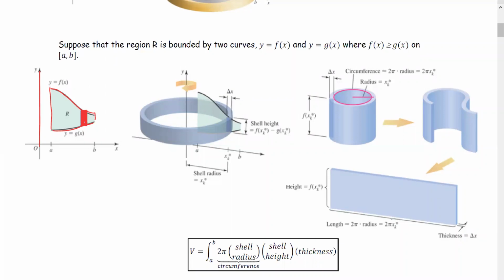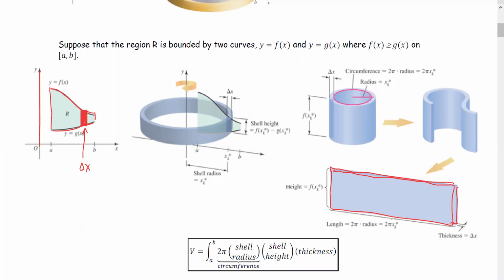Then we're going to find the volume of this single shell. If we cut the edge and open it up, it will form the rectangular solid shape. The volume of this shape is the length times the width times the height, and the width is delta x, which is from the thickness of the slice that we considered before we revolve about the y-axis.